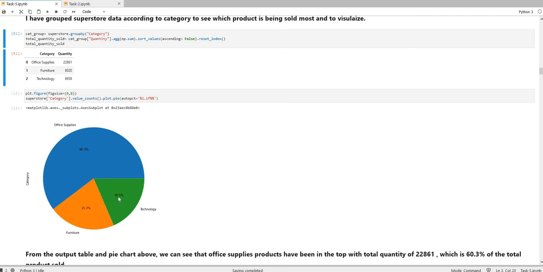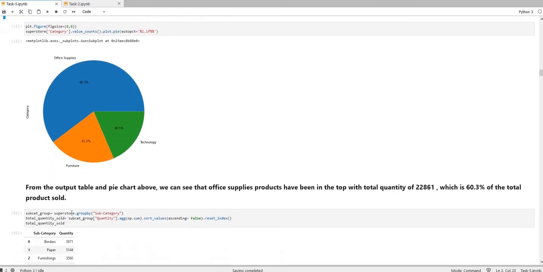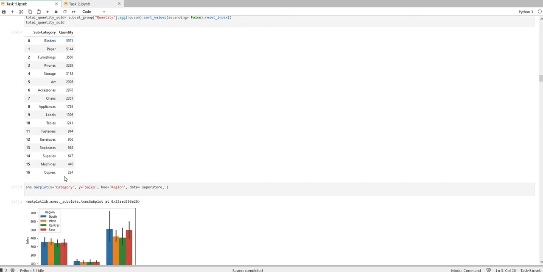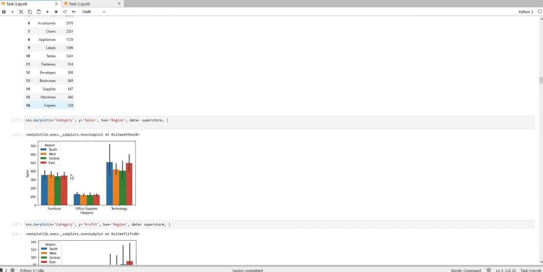Then 18.5% are technology. Now if we categorize according to the subcategory column, we can see that binders have the highest quantity and copiers have the lowest quantity.